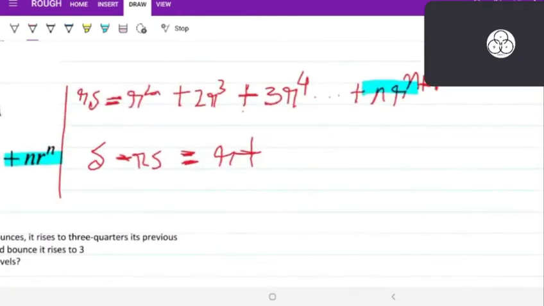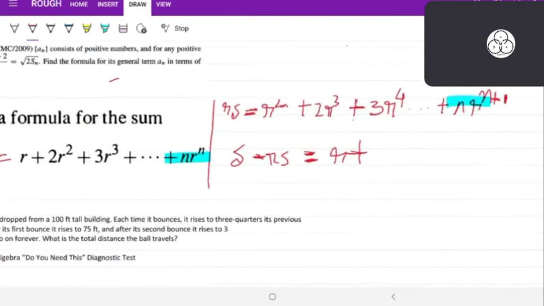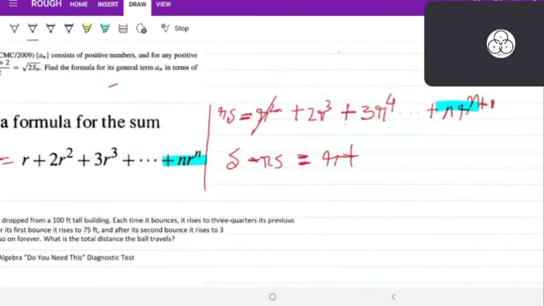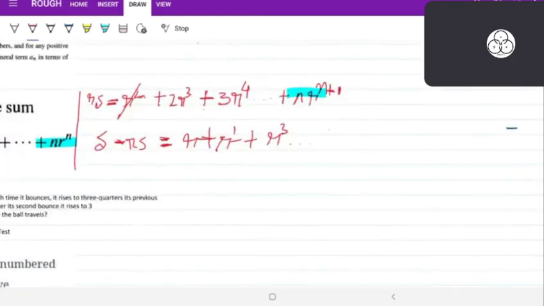This will be r. These coefficients r square, r square cancel. So this coefficient 2 will be removed. Now 2, 3 cancel. This coefficient will be removed. You will get something linear. That is the advantage. R plus r square plus r cube, so on, r to the power n.